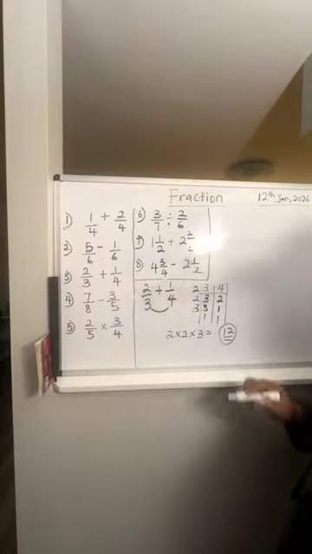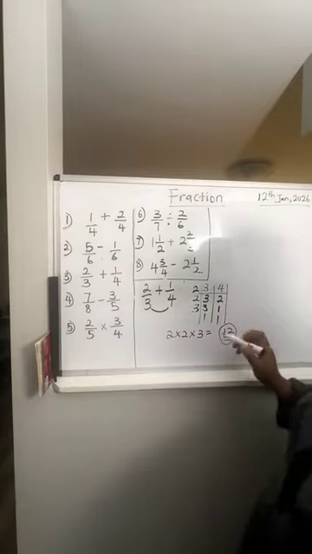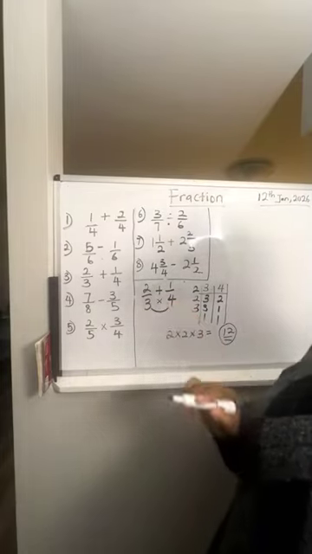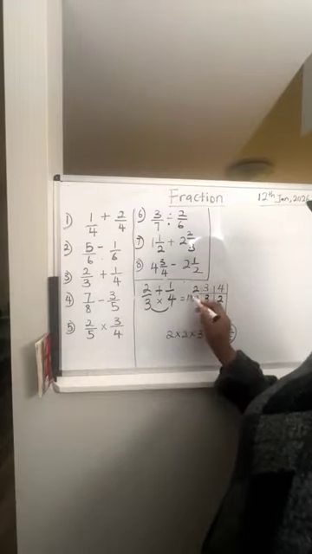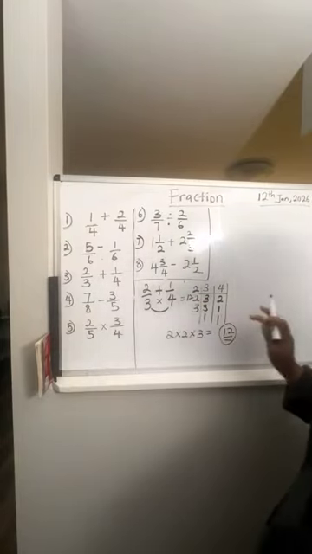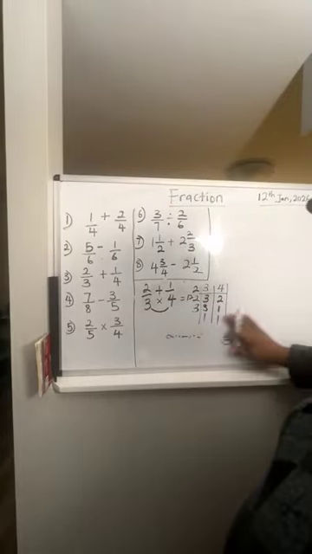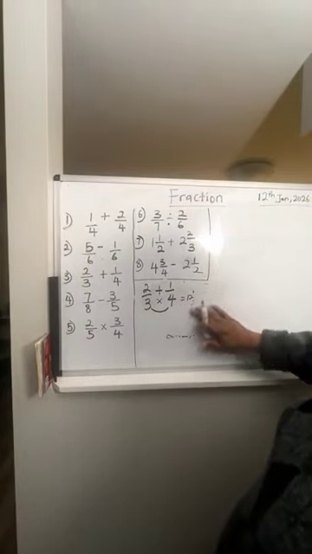This is the lowest common multiple. You can also do 3 times 4 immediately to get your 12. So since we have 12, what do we do now? We have to go with 12.